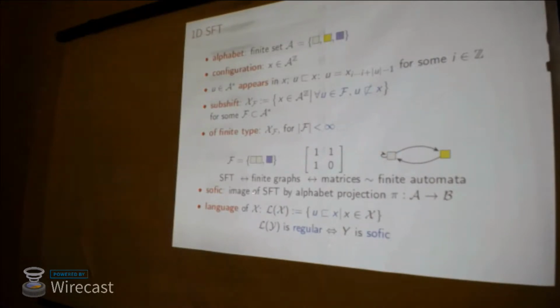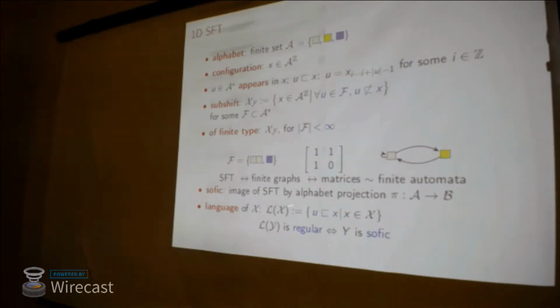So let me now allow an alphabet projection. I have a subshift of finite type, and I can do some projection of alphabet symbol-wise at each position at the same time. The class of subshifts that I obtain, I call sofic. I don't want to enter the details, but some sofic subshifts are not subshifts of finite type.